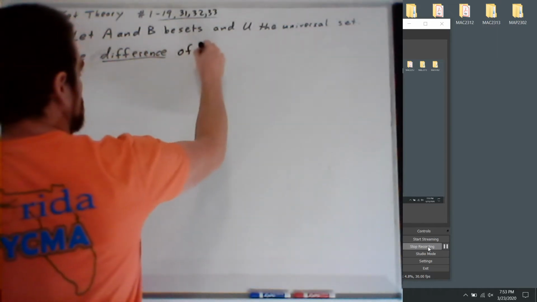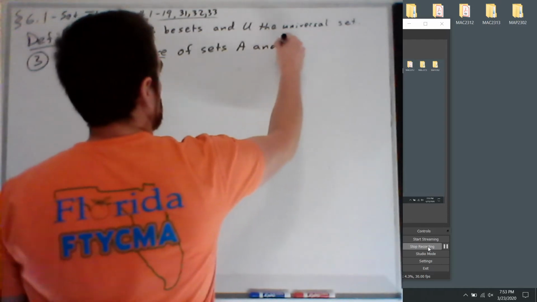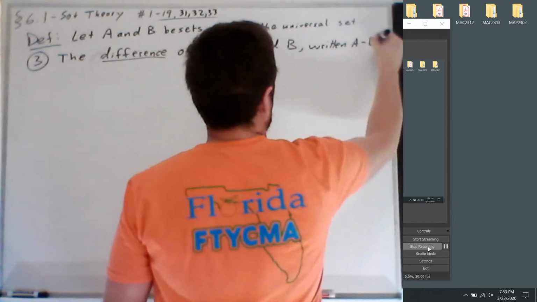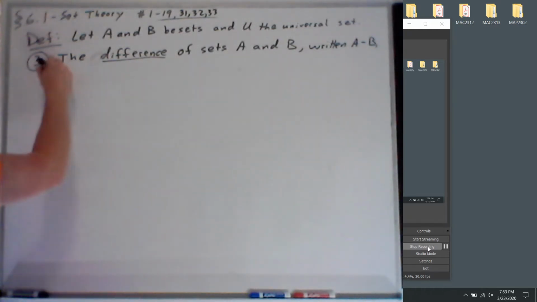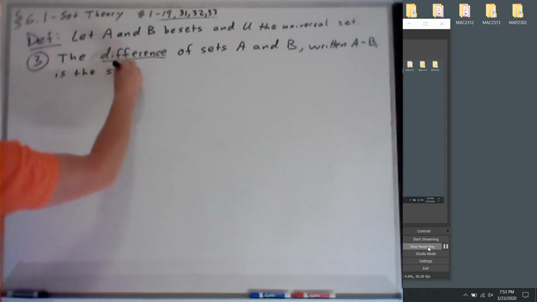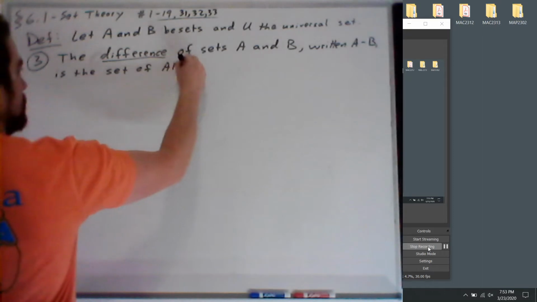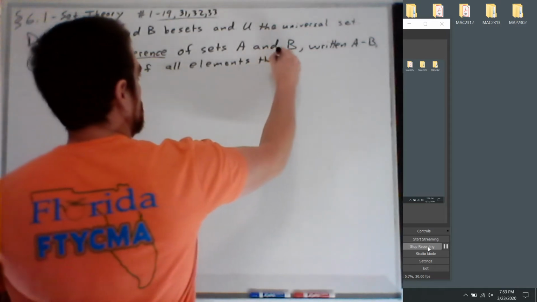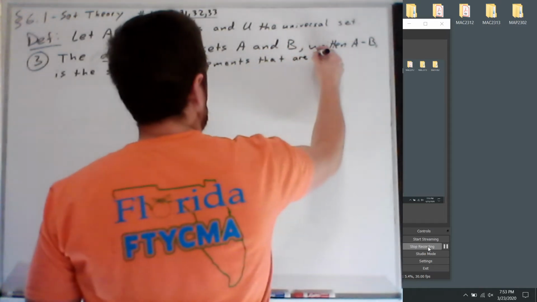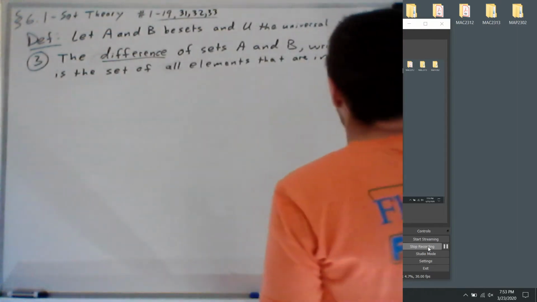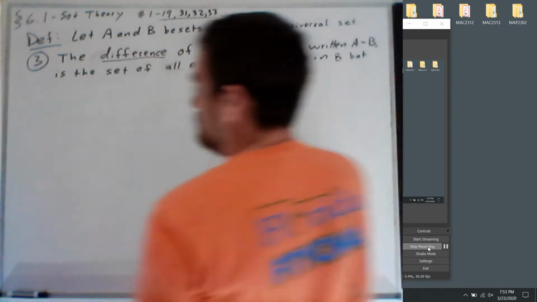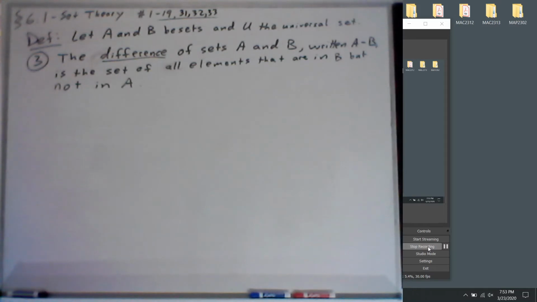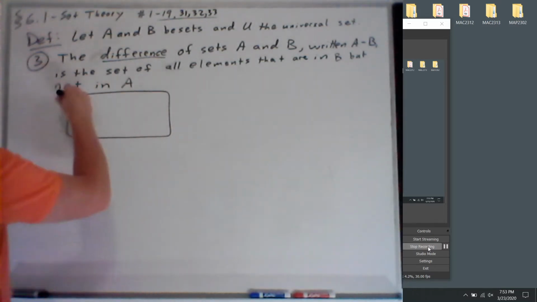The difference of sets A and B, written, and we do borrow the notation, A minus B, is the set of all elements that are in B but not in A. So again, what that looks like is the universal set.